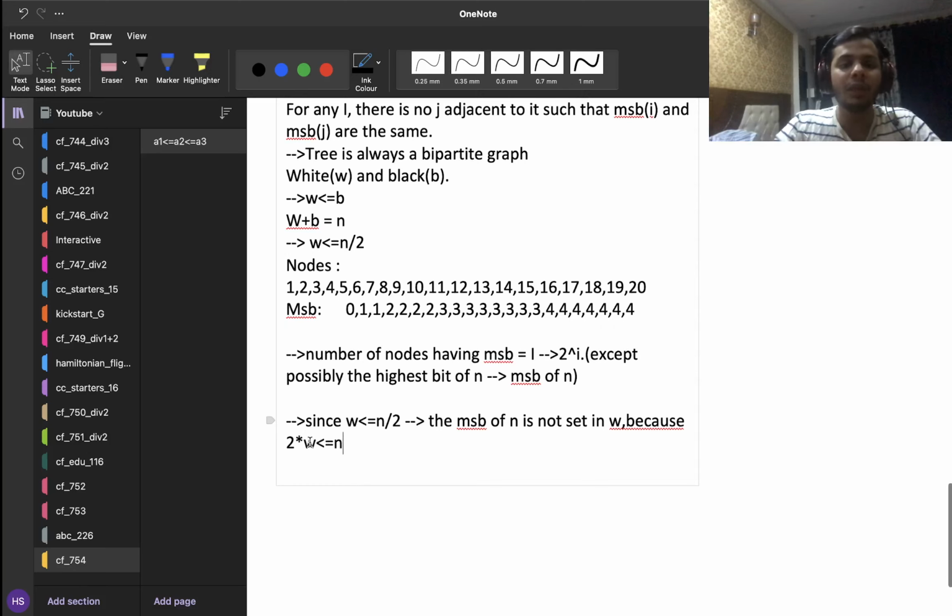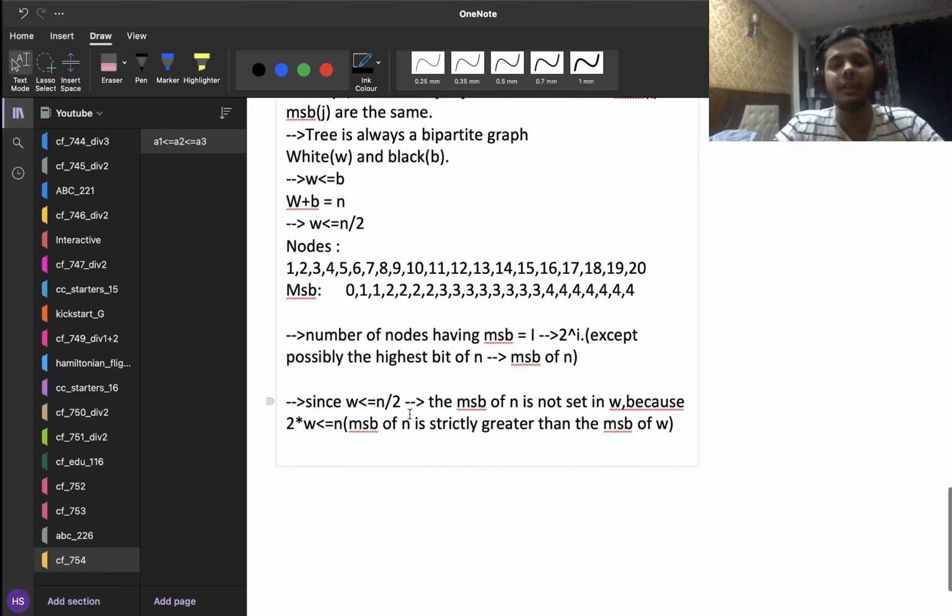And obviously if 2 times W is less than or equal to n, the MSB of n is greater than the MSB of W. This means that the MSB of n is strictly greater than the MSB of W.